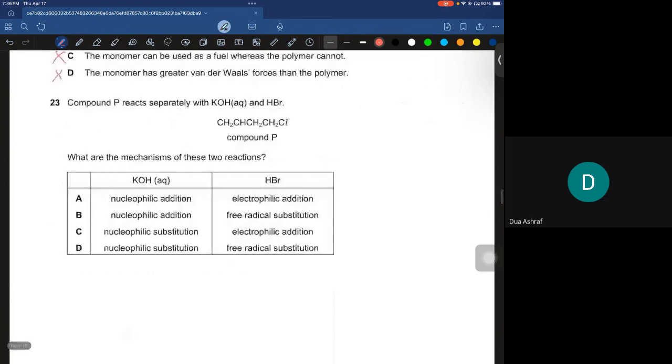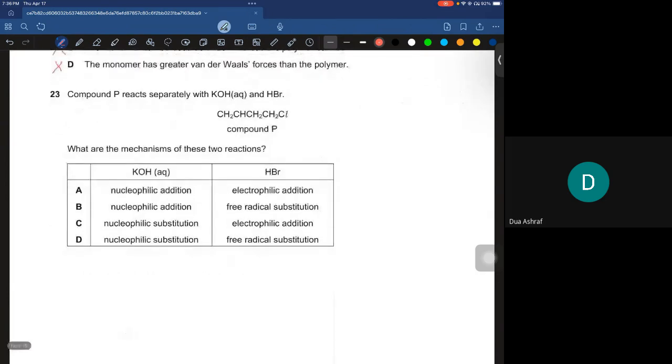Question number 23. Compound P reacts separately with KOH and HBr. What are the mechanisms of these two reactions? Let me draw the structure.